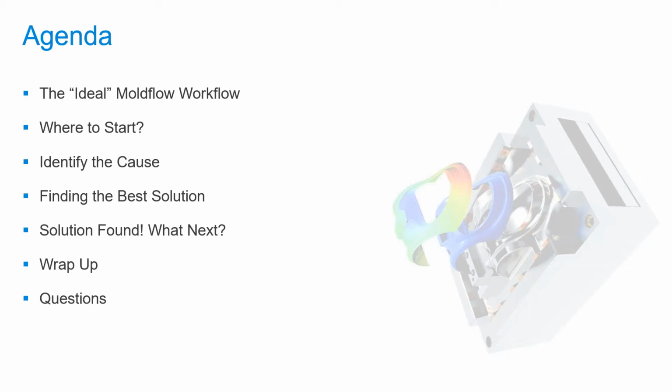We'll run into identifying the cause using Moldflow and simulating that exact process, and then jump into finding the best solution for resolving that issue that you're seeing at the press. Once that solution is found, what do we do next? So we'll cover a few tips on how to take those results into actually implementing them. Then we'll do a quick wrap up and then follow with some live Q&A.